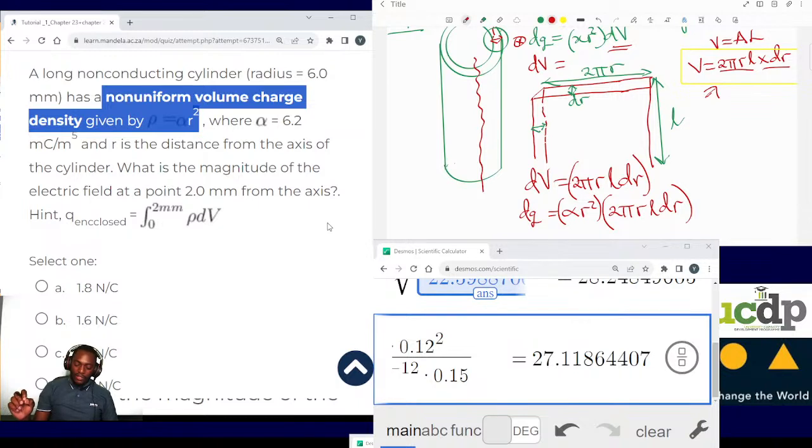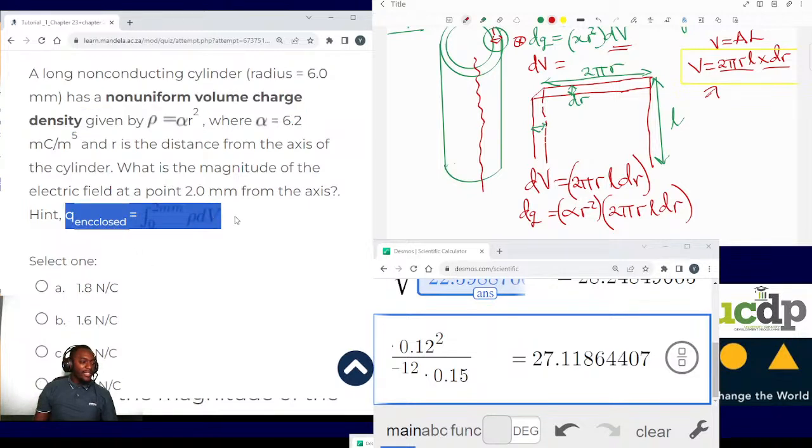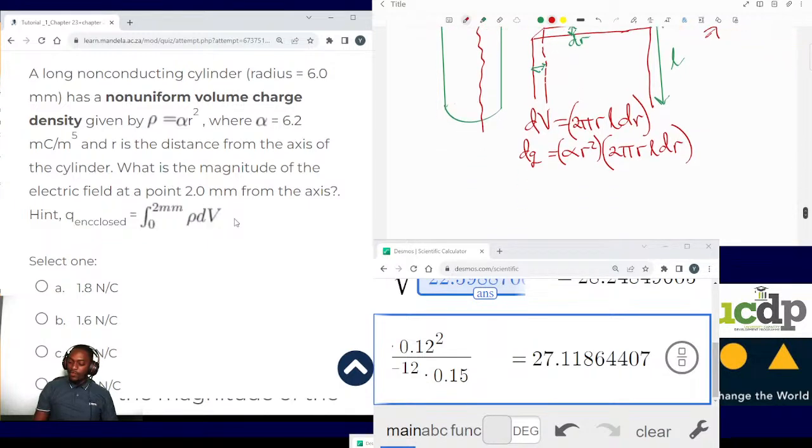But our equation from Gauss's law is equal to charge enclosed over epsilon naught. And we have been given a hint that the charge enclosed is equal to that integral. So if we put an integral on both sides, we'll remain with q, which is our q enclosed given in the equation.